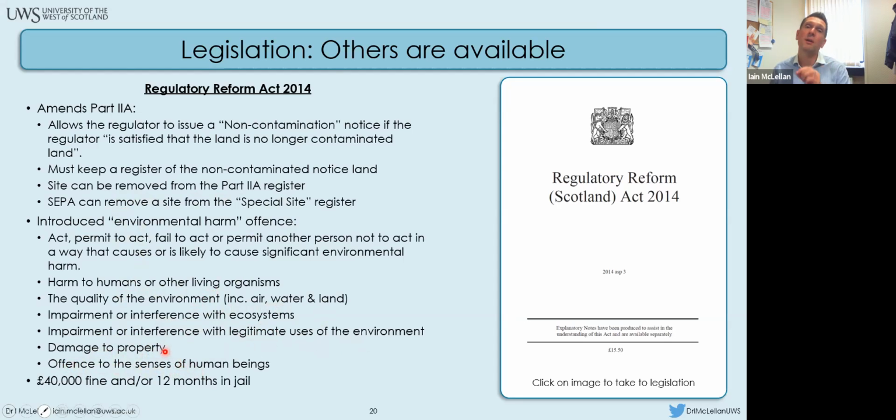So it is an environmental harm to act to harm the environment, permit someone to harm the environment, fail to act to stop someone harming the environment, or permit another person not to act. So there's 4 ways you can do it: act, permit to act, not to act, or let somebody else not to act. Okay, so they're quite wide definitions there.